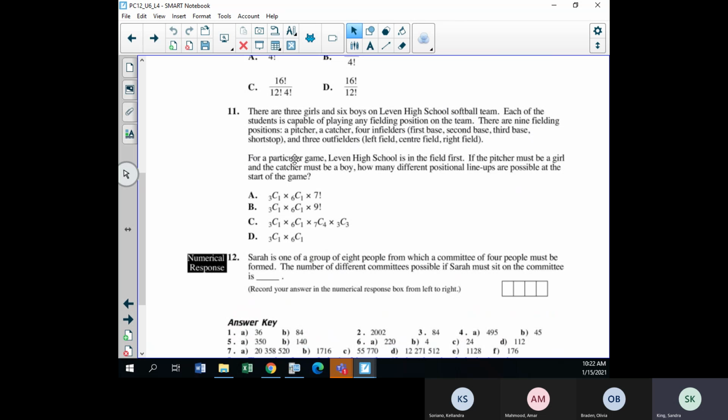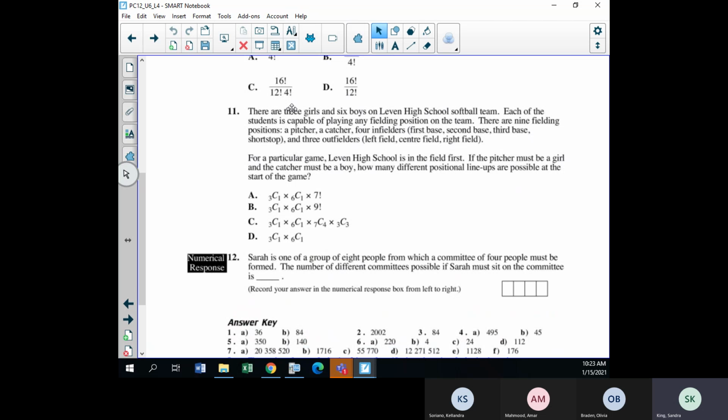So it says for a particular game, the pitcher must be a girl and the catcher must be a boy. There's 3 girls and 6 boys.